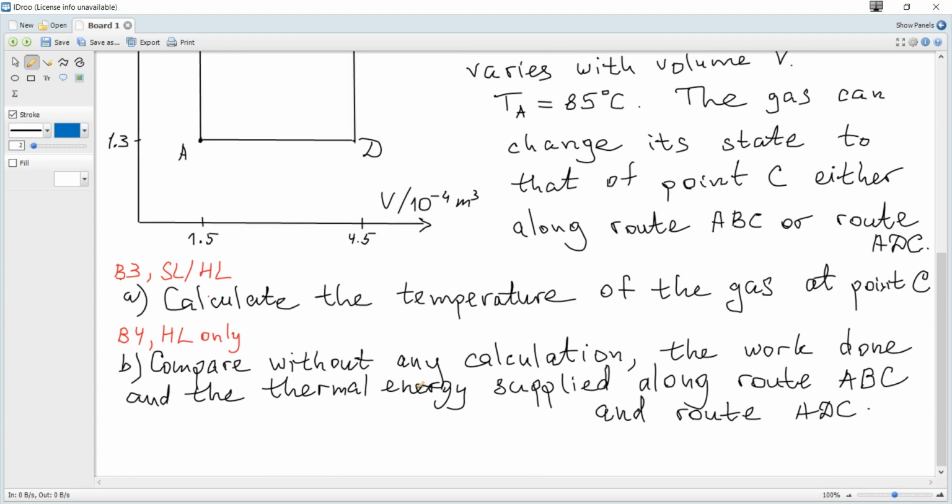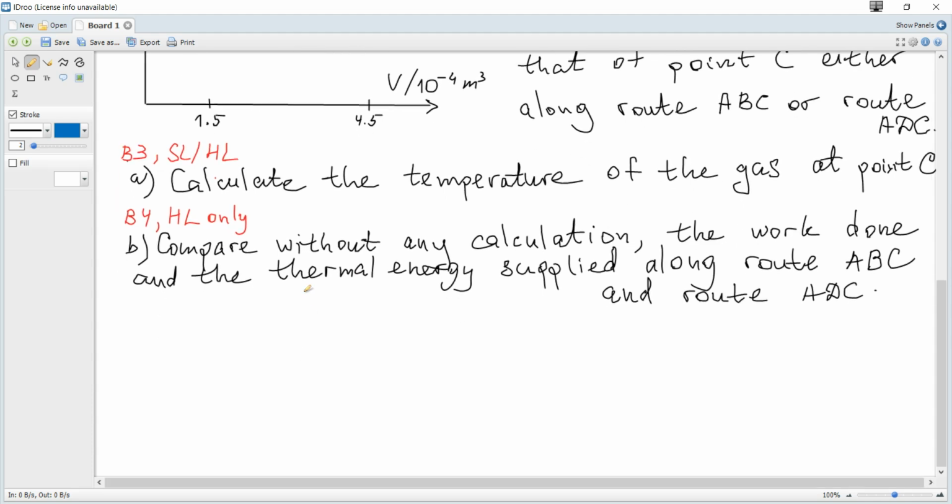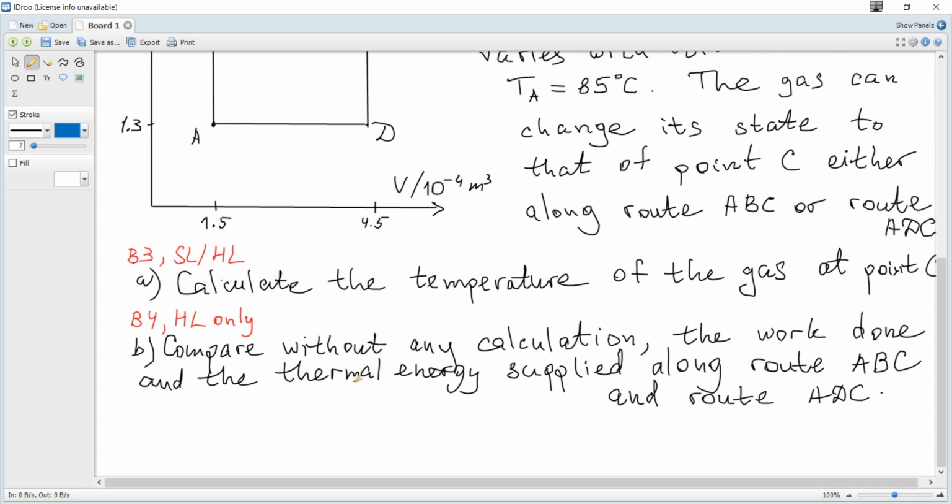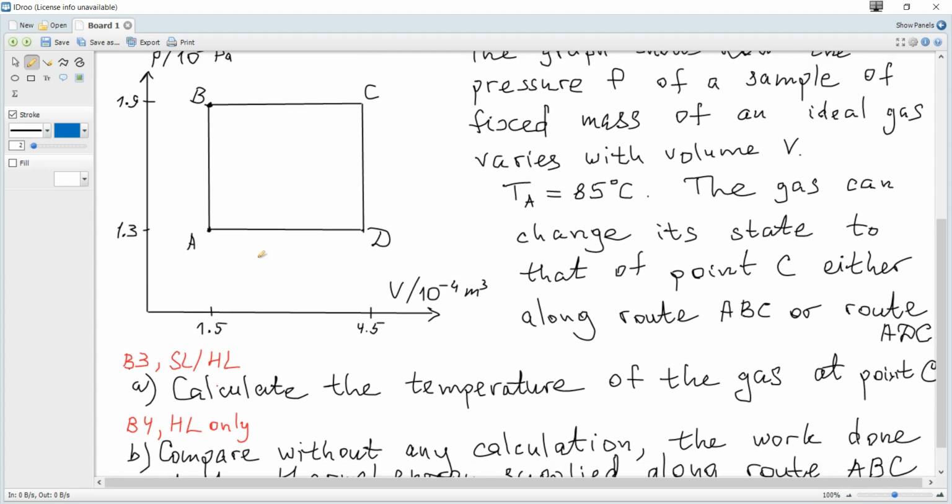And question B. Compare without any calculations the work done and the thermal energy supplied along route ABC and route ADC. So there are two ways to compare work done. The first way, we know that work done is just the area under the curve for a PV graph.